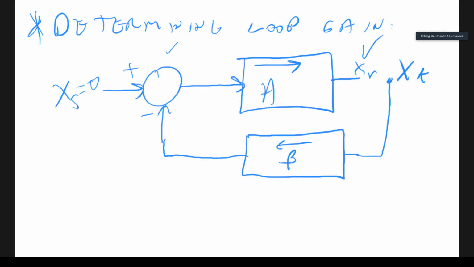So now we have two distinct nodes, and we can determine the loop gain as the ratio of x of r over x of t, where this becomes an input to the loop, and this becomes the output of the loop. So we want x of r over x of t. Okay?